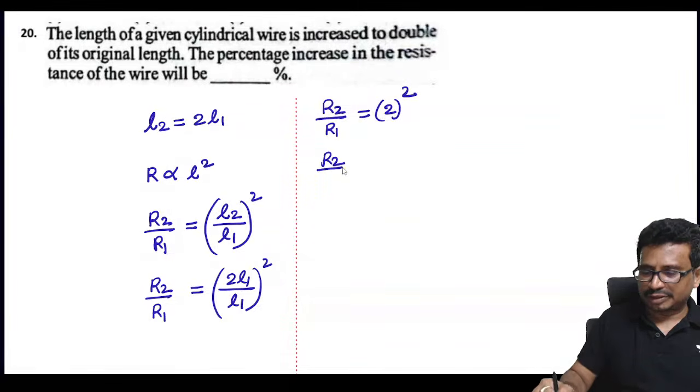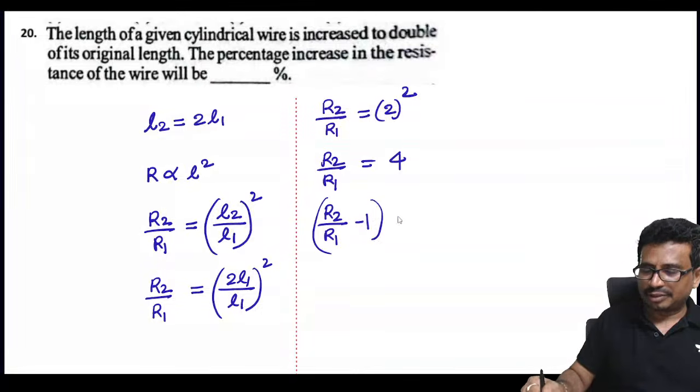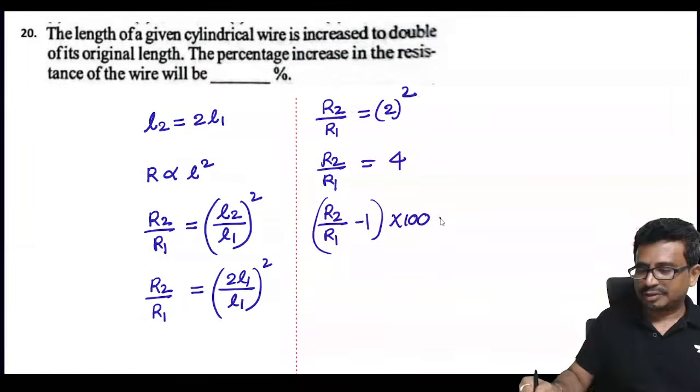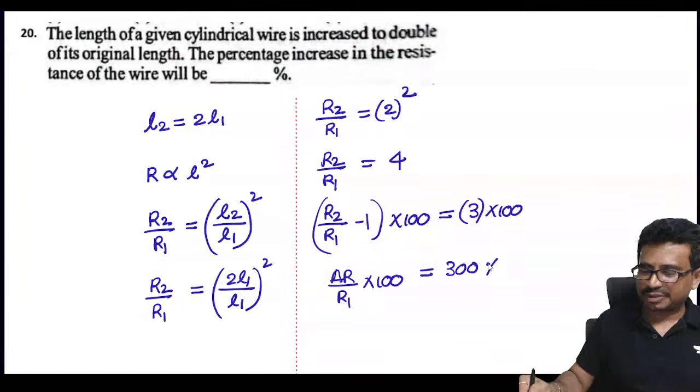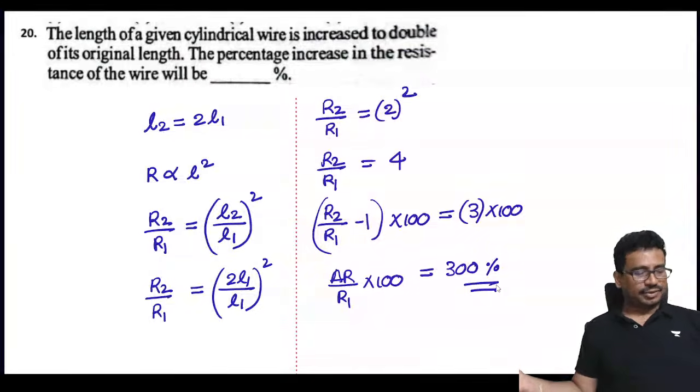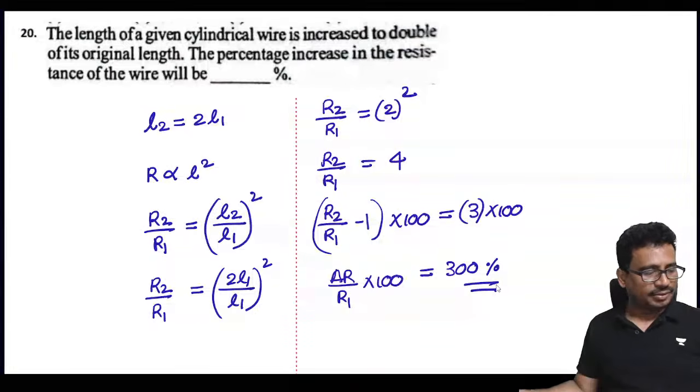Then percentage is R2 by R1 minus 1 into 100. So 4 minus 1 is 3 into 100. This is delta R by R1 into 100, which is equal to 300%. Okay.